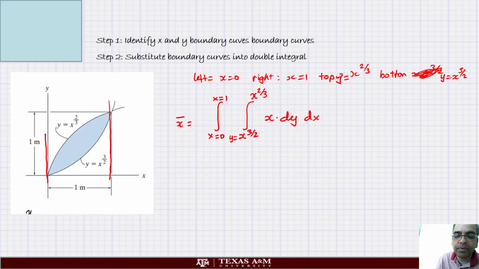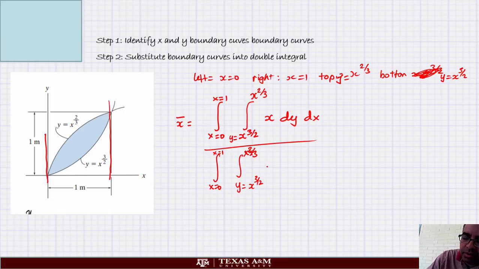It's a fairly simple integration, and I'm not going to bore you with all the details. You will have to know how to do this. The denominator is the integral of dy dx with y from x to the 3/2 to x to the 2/3. So you just have to integrate these two things, and when you do that, you will get 25 over 56.